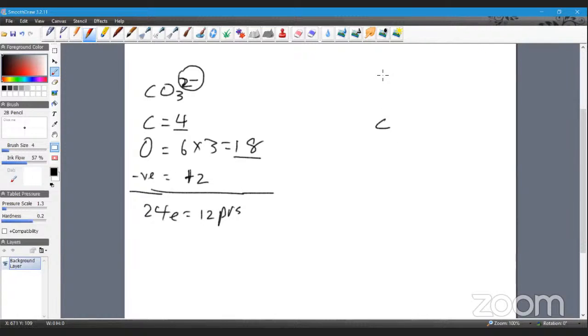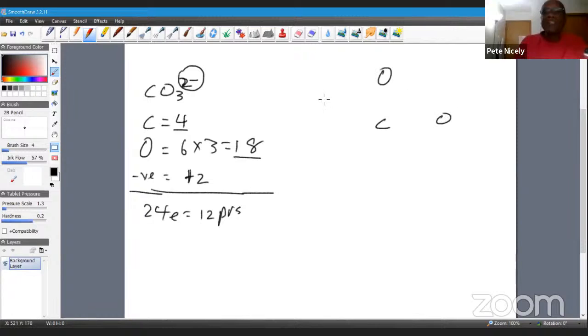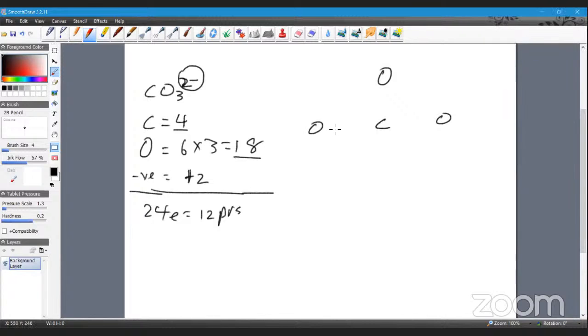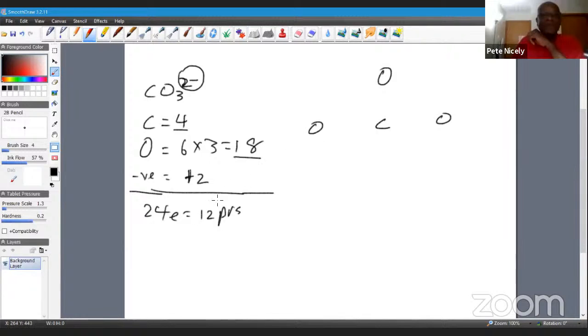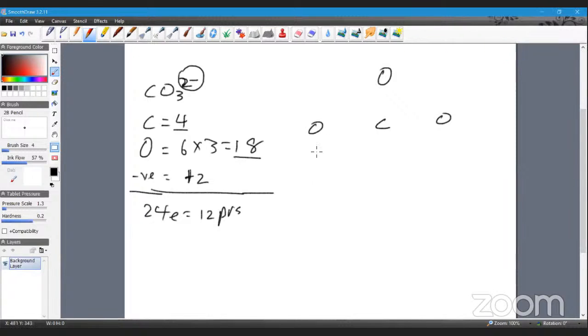So we put the carbon in the middle and surround it with the oxygens, right? And then we do what? What do we do next? Start putting your pairs together. Okay, so remember, we have 12 pairs. So where would we put the first pair? Between the carbon and oxygens.